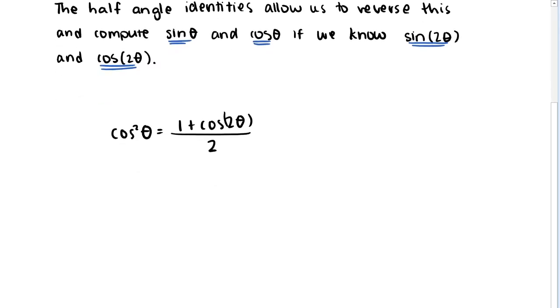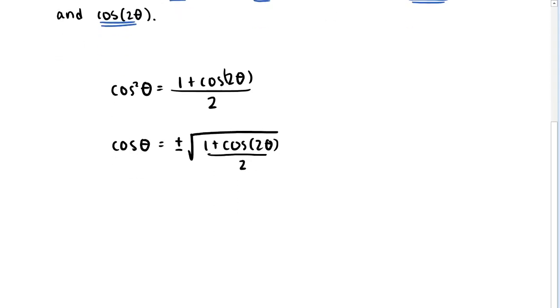And so here, if I take the square root of both sides, cosine of theta is equal to plus or minus the square root of 1 plus cosine of 2 theta, all over 2. So this is an example of one of the half-angle identities. It says that if I know cosine of some angle, in this case 2 theta, I can figure out cosine of half that angle, just theta.